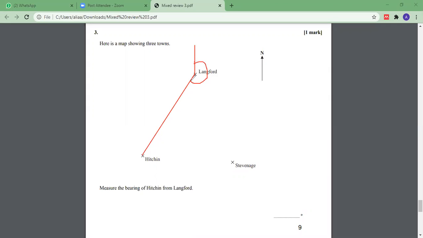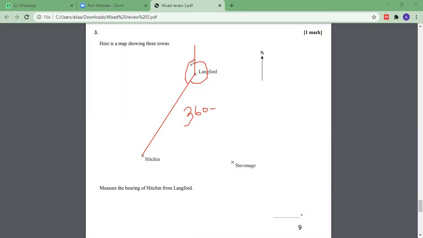Since I can't measure it, but I can measure this angle by the protractor, I will do the same step and I will subtract 360, and the obtuse angle, of course, it will be more than 90.